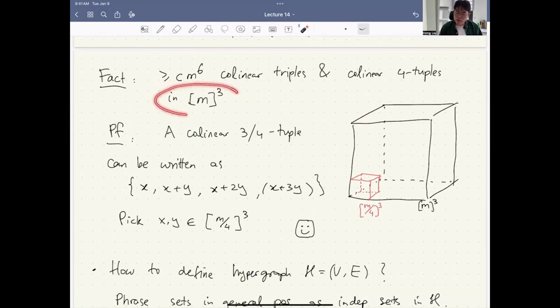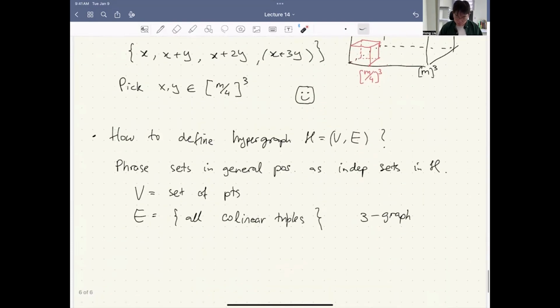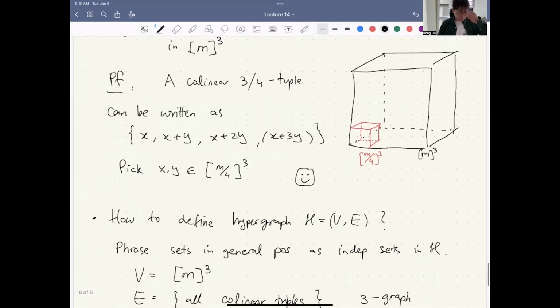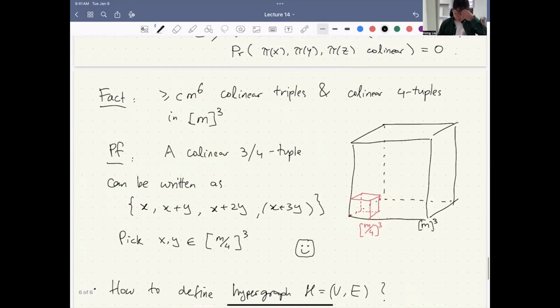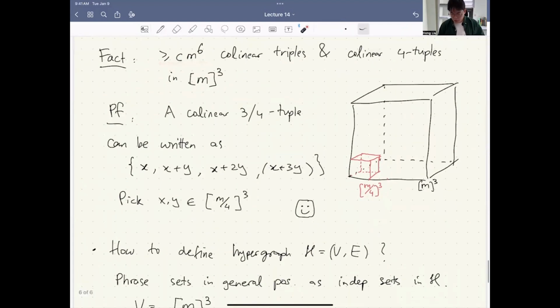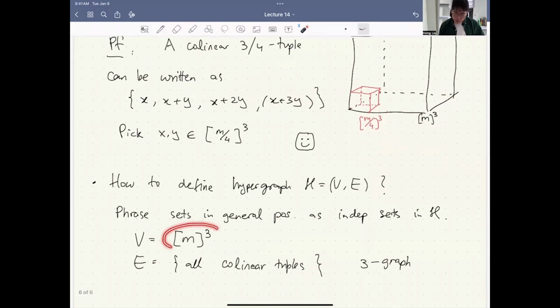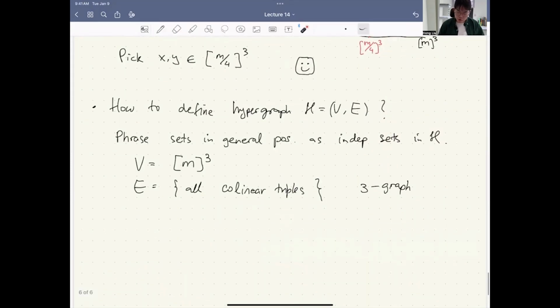If you take the whole vertex set, which is m cube, we do have many hyperedges, m to the 6. Now what we need is, if you take a large subset of that, we still have many hyperedges.